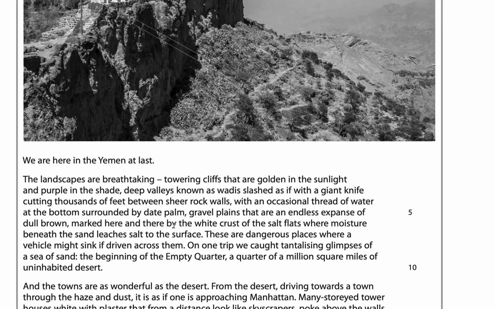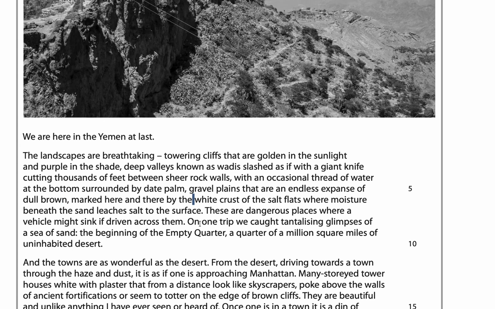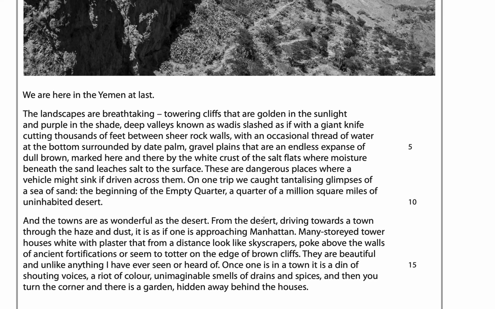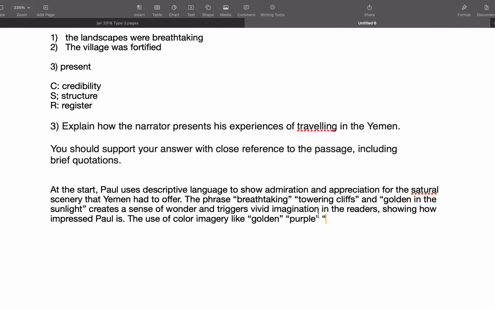Where was it? I can't find it. Dull brown, white crust. Any other color? Can we peruse through and find any color? Okay, so yeah, we can just say golden, purple, white, right?